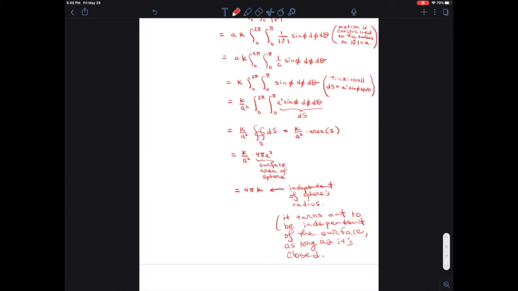There's just a lot of things in this class that sort of remind me of each other. Like we talked about in a conservative field. Well, inverse square fields are conservative. We talked about how in a conservative field, if you compute the work the field does to move something from one point to another along a curve, it turns out it's independent of the curve.